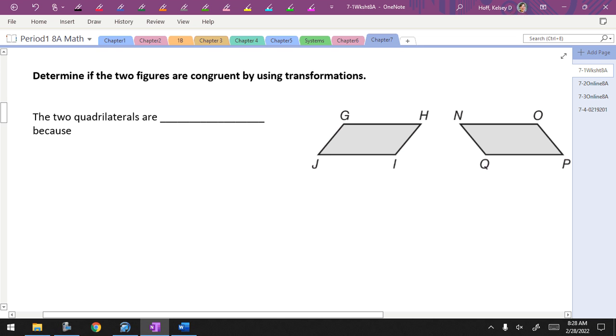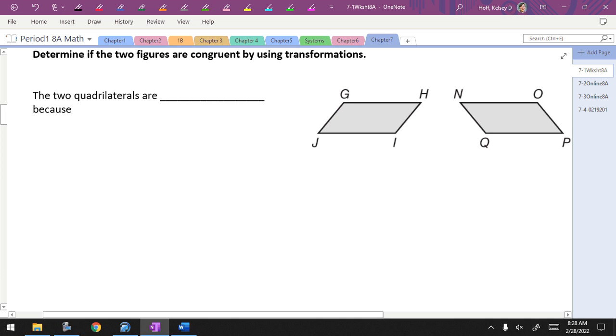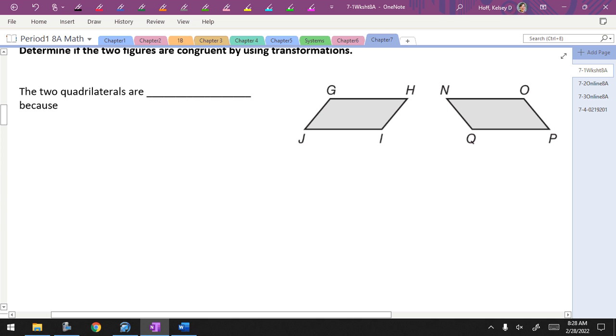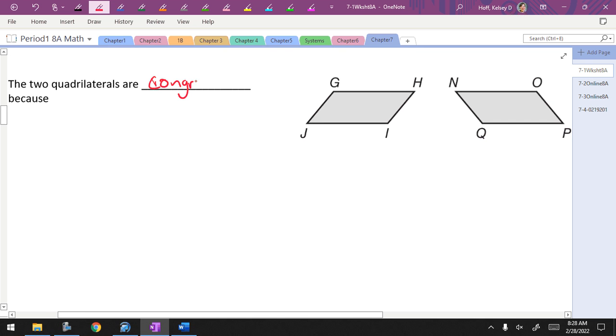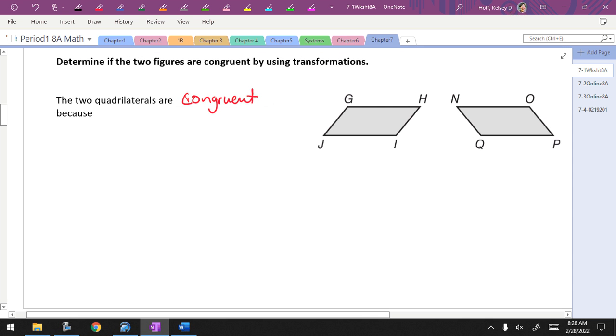Determine if the two figures are congruent by using transformations. Everybody look. The two quadrilaterals are congruent because, what would I have to do to get those to match up, Liana? Very good, a reflection.